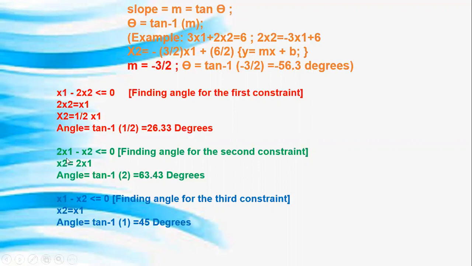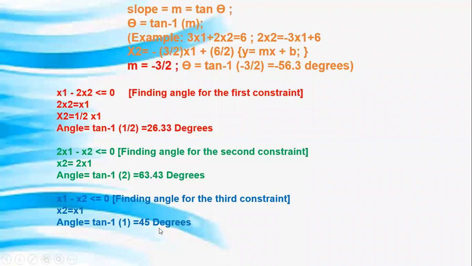For the second equation, 2x1 equals x2, so x2 is 2 times x1. Here the slope value is 2, so the angle is tan inverse of 2, which is 63.43 degrees. The third equation is x1 minus x2 less than or equal to 0, so x1 equals x2, and the angle is tan inverse of 1, which is 45 degrees.